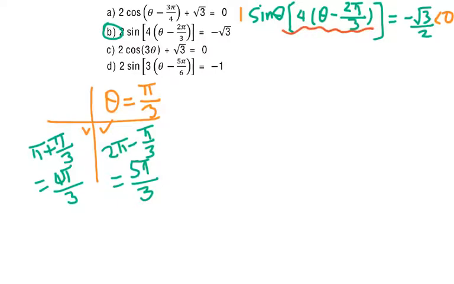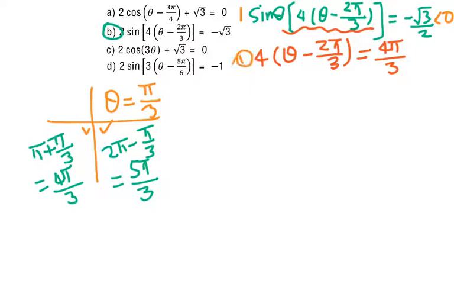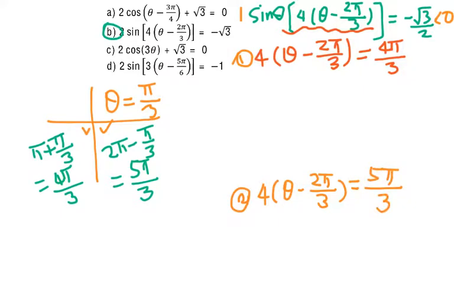You will set up 4 times (theta minus 2 pi over 3) equal to 4 pi over 3. That's the first equation you set up. Then the second equation is 4 times (theta minus 2 pi over 3) equal to 5 pi over 3. So I will do the distributive property first.